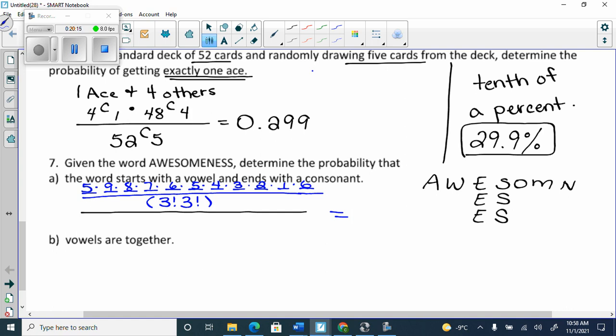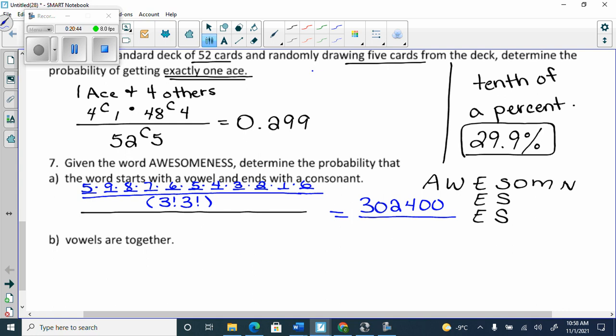Make sure you divide by 3 factorial in brackets. So there are 302,400 words from the word awesomeness that begin with a vowel and end with a consonant, right?